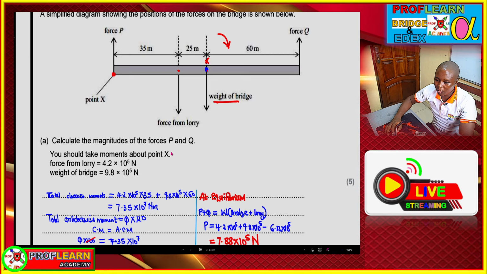So that's why we did 4.2. Remember, 4.2 is the weight of the lorry times 35, because the distance from where the pivot is to that particular point is 35, then plus 9.8 times 10 raised to the power 5 times 60, because from here to this particular point, 35 plus 25 gives us the moment due to the weight from where X is to the turning.